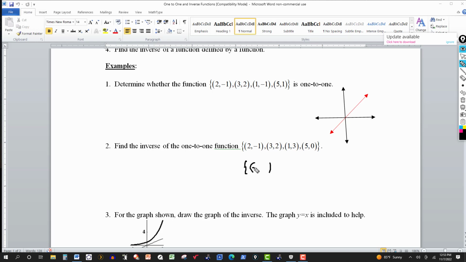So (2, 1), (2, negative 1) becomes (negative 1, 2). (3, 2) becomes (2, 3). (1, 3) becomes (3, 1). And (5, 0) becomes (0, 5). If you call this f, then f inverse will be represented by this, just reversing the ordered pairs.